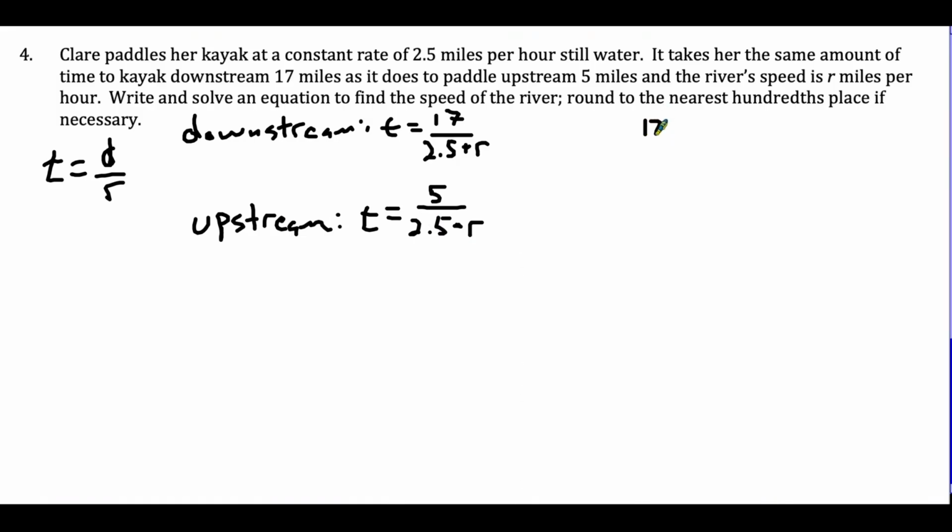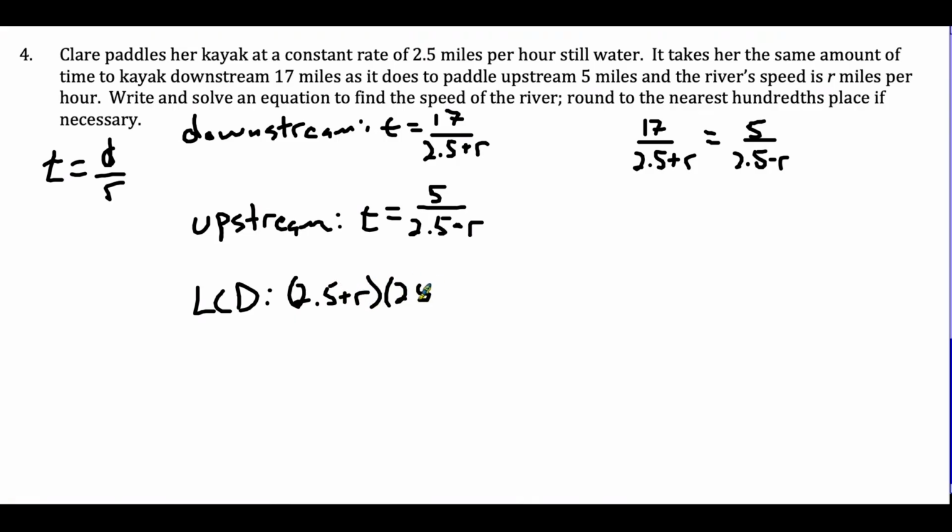So if I want to solve for r, I can set these equal to each other and solve for r. Now to do that, I'm going to need to identify my LCD. Right? My LCD is going to be just the collection of every factor that I see in my denominators multiplied together.